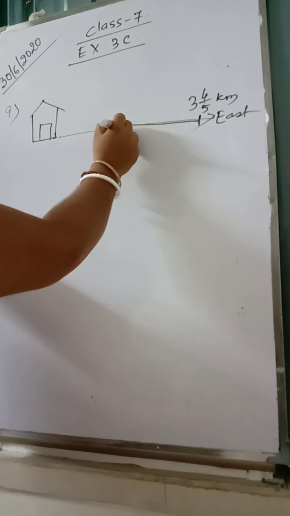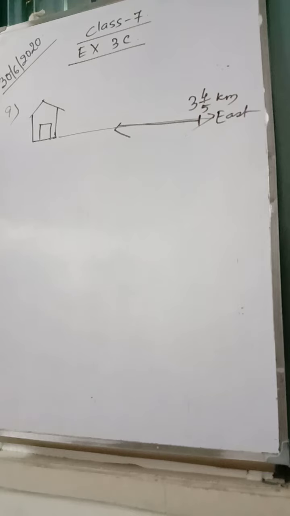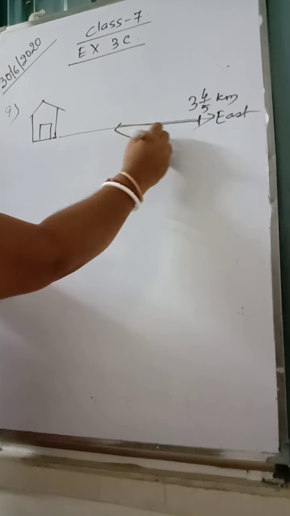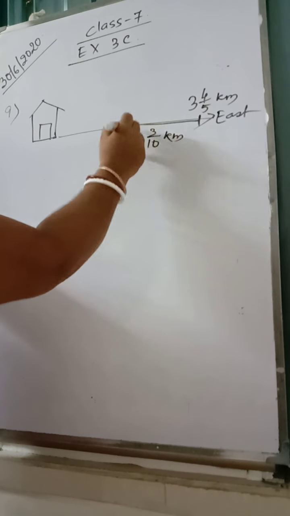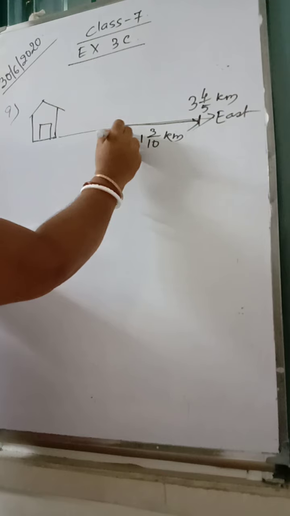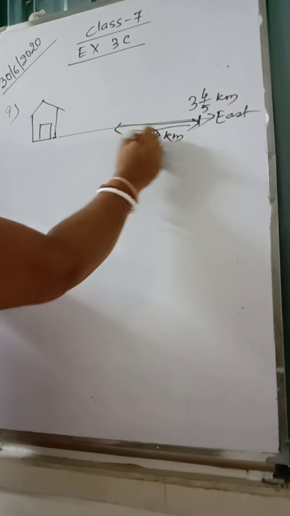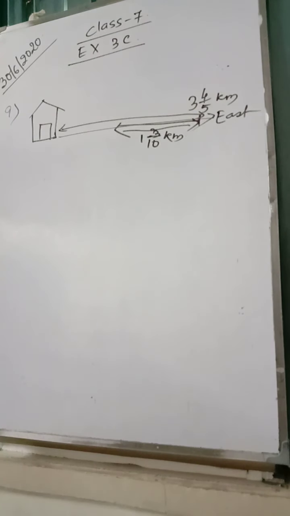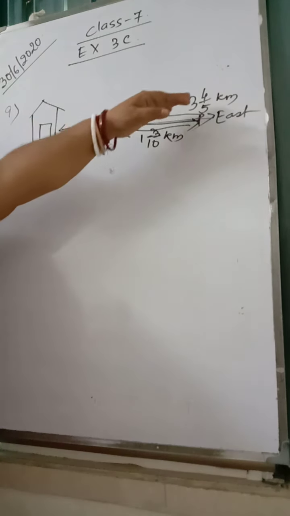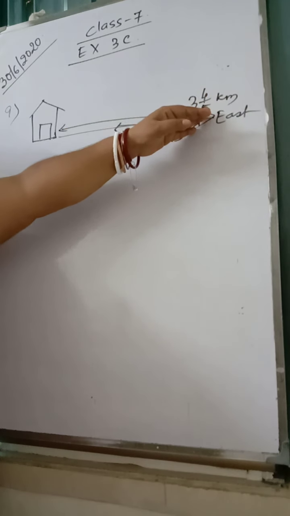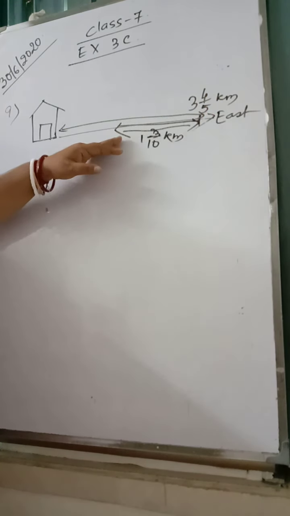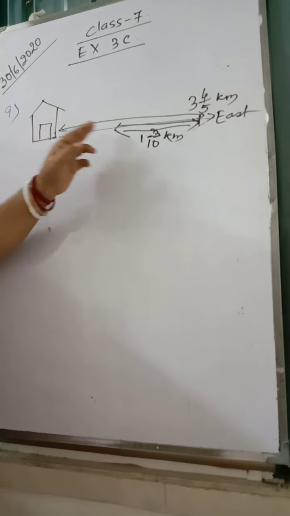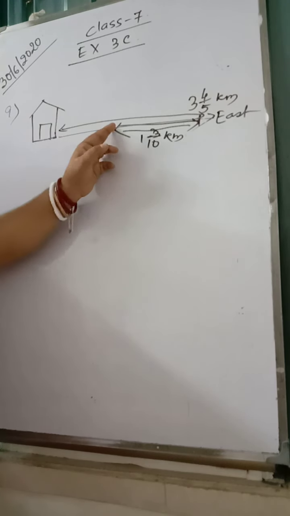Again he is moving towards west, that is 1 3/10 kilometers. Means this distance is 1 3/10 kilometers, and this distance is 3 4/5 kilometers. This is his home. He moved 3 4/5 kilometers towards east. Again he is coming back 1 3/10 kilometers. So how far is he from his home? Still he is this much far, so that we have to find. Okay.